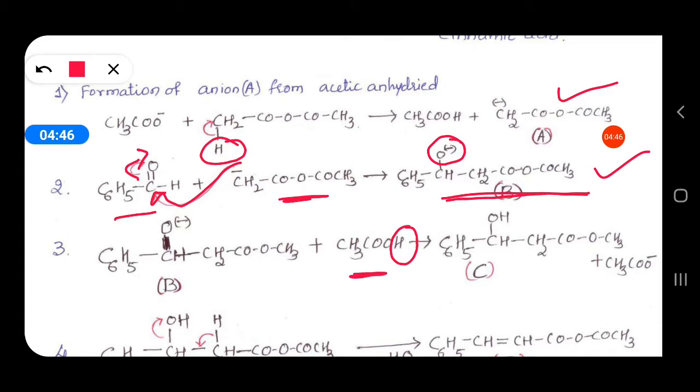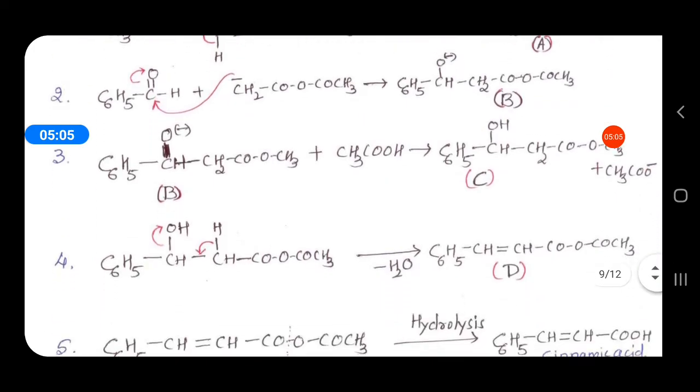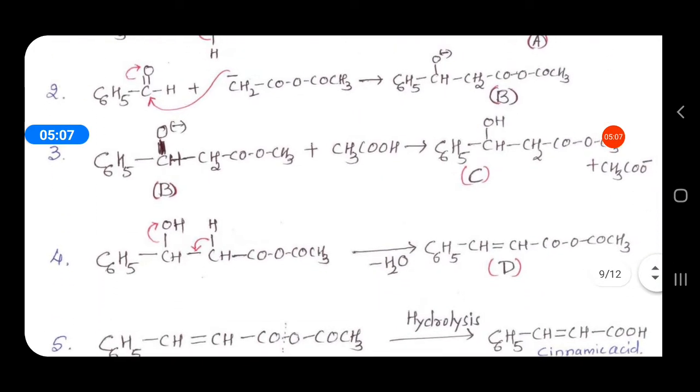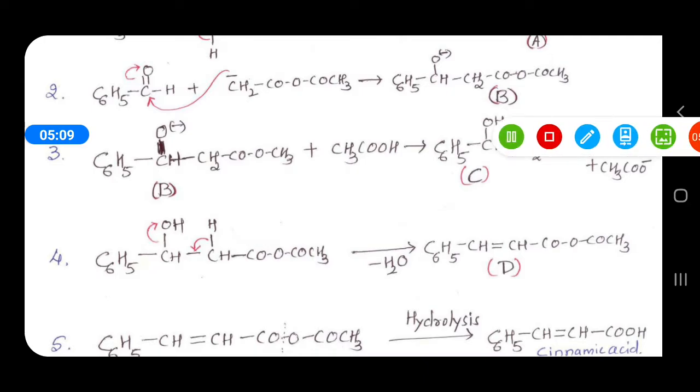So it accepts a proton from acetic acid. These two act as a Lewis acid and base. So it accepts H plus and becomes OH, and again the acetate ion is generated back. This compound can be called C.